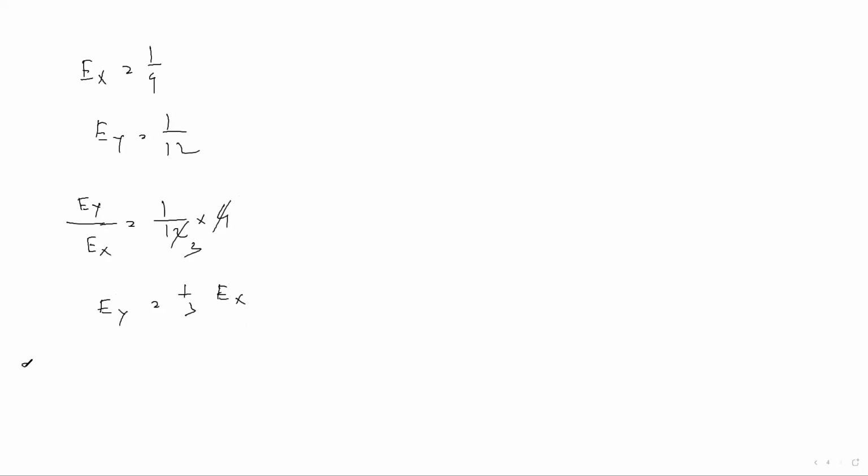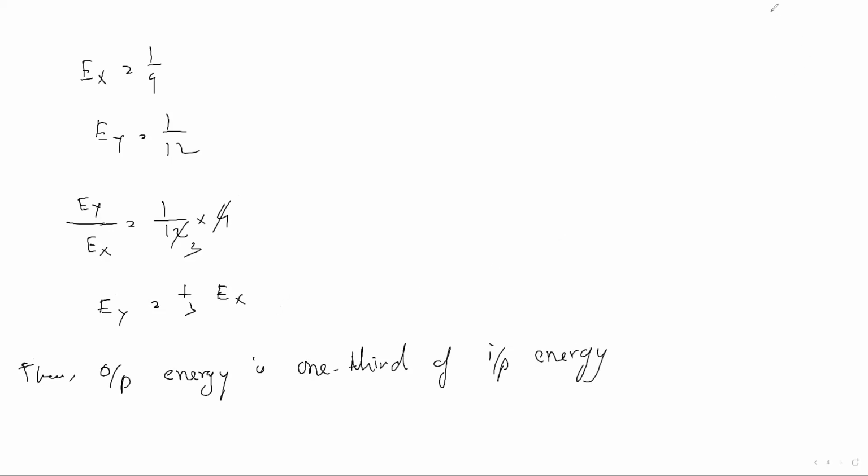So thus you can say that output energy is 1/3 of input energy. Okay, so like that you can show the relation, because the question says to prove that output energy is 1/3 of the input energy. Like that you can prove. So I think it's clear.